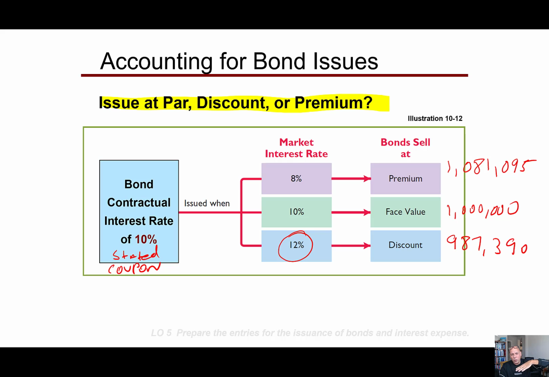We will take less cash when you purchase the bond than the face, and then we'll pay you back at face, thus bringing the rate of return back to what the market is requiring at that time, the 12% in this example. So when the market rate is more than the stated coupon contractual rate, the bond has to sell at a discount so that ultimately the purchaser of the bond will receive the market rate of interest.